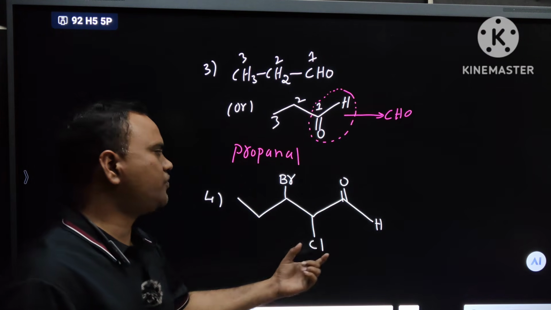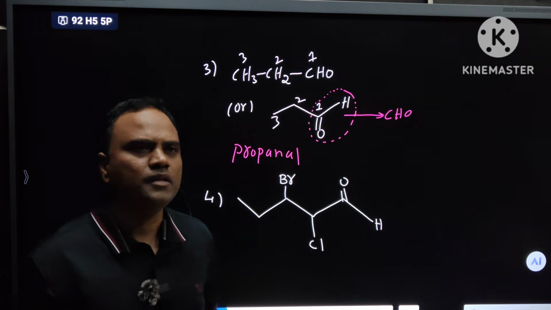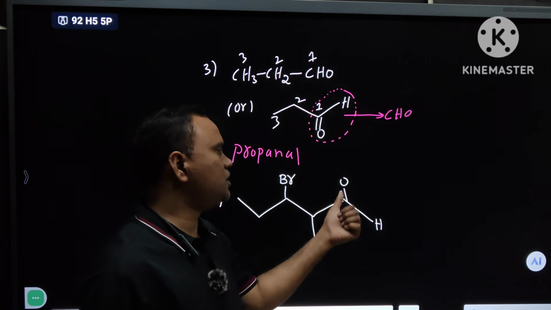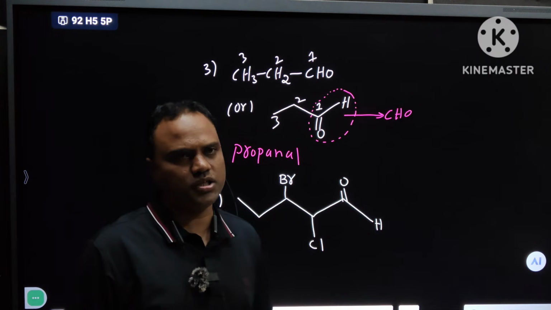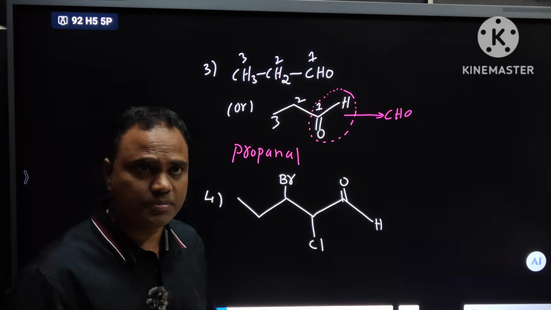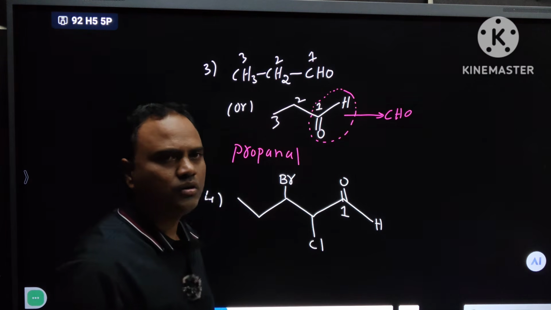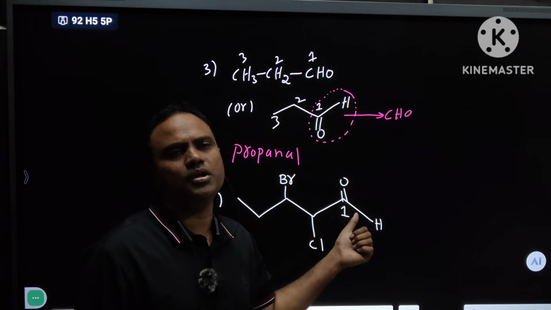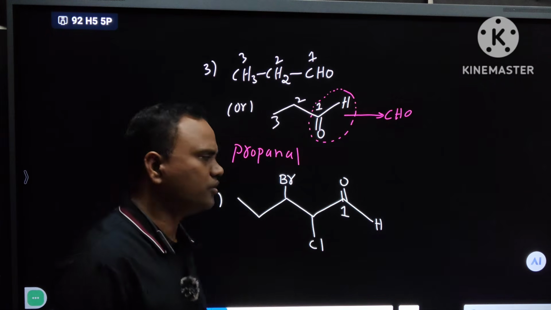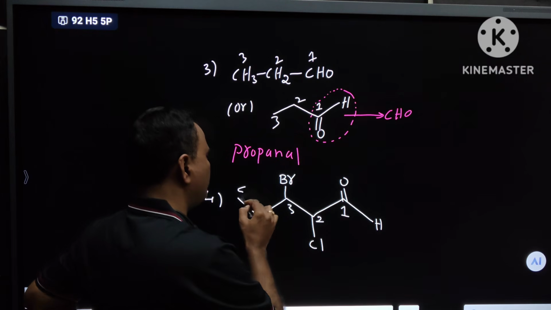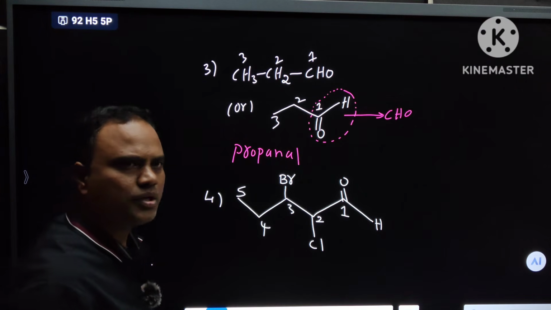First of all, tell me which functional group is present in it. Because of the terminal C double bond OH, aldehyde is present. Okay, so one aldehyde. This is the aldehyde carbon. Numbering should start from the aldehyde carbon only. 1, 2, 3, 4, 5. Right?